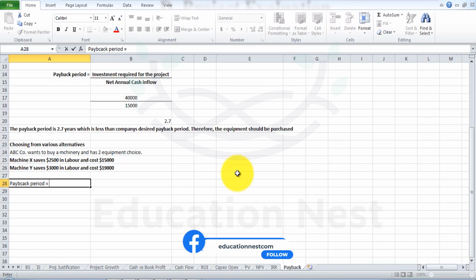Okay, so to compute the payback period for machine X, the payback period is equal to the investment for the project divided by the net annual cash inflow. The net annual cash inflow here will be equal to the savings made by the machine. Any avoidance of cash outflow is as good as a cash inflow when you're computing the payback period.